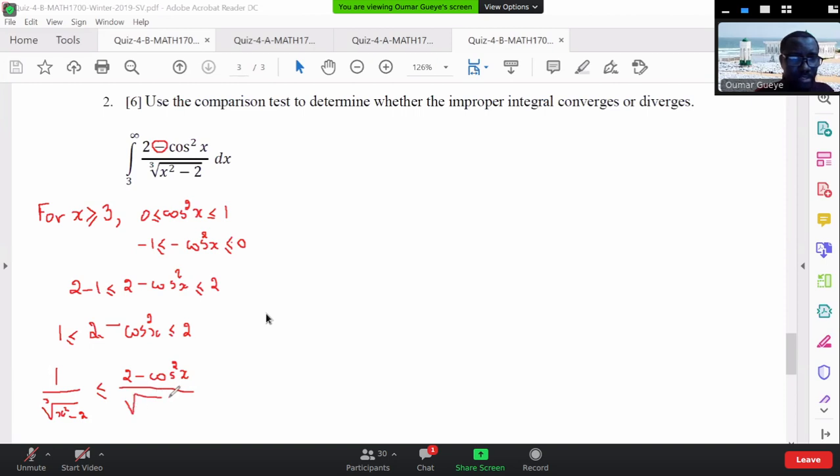So it's less than 2 over cubic root of x squared minus 2, you just divide by the same denominator. And you guys can see I squeeze my function.